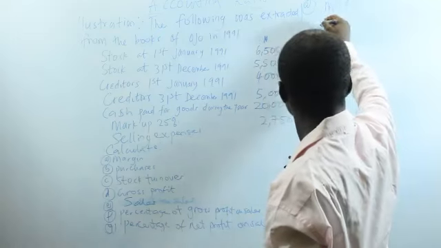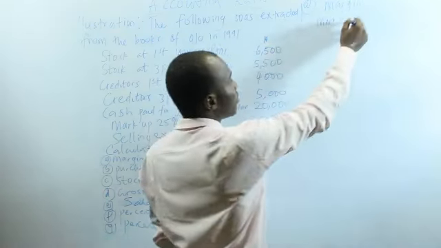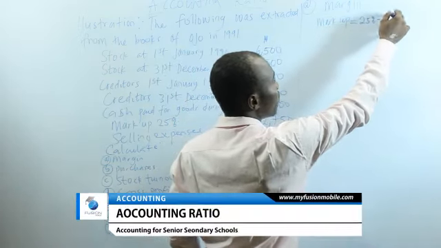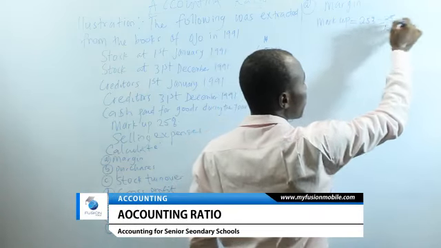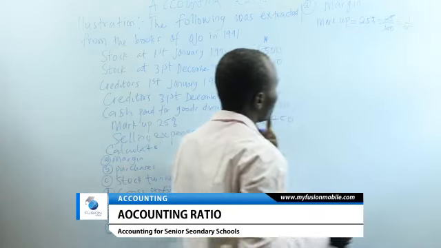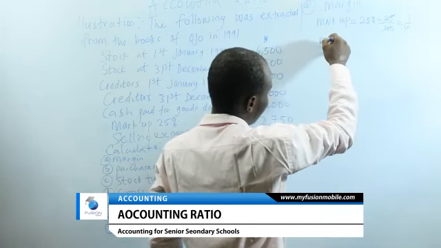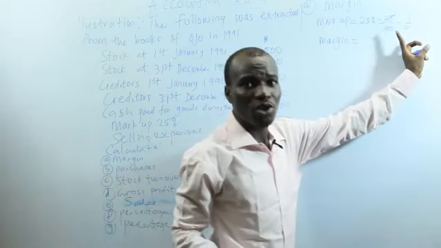and generally the markup is 25%, which is 25 over 100. Then we have 25 here 1, 5 here we have 4. So generally we can convert the markup to margin, just like the way we did in the difference between margin and markup. So this is profit and this is cost of sales.